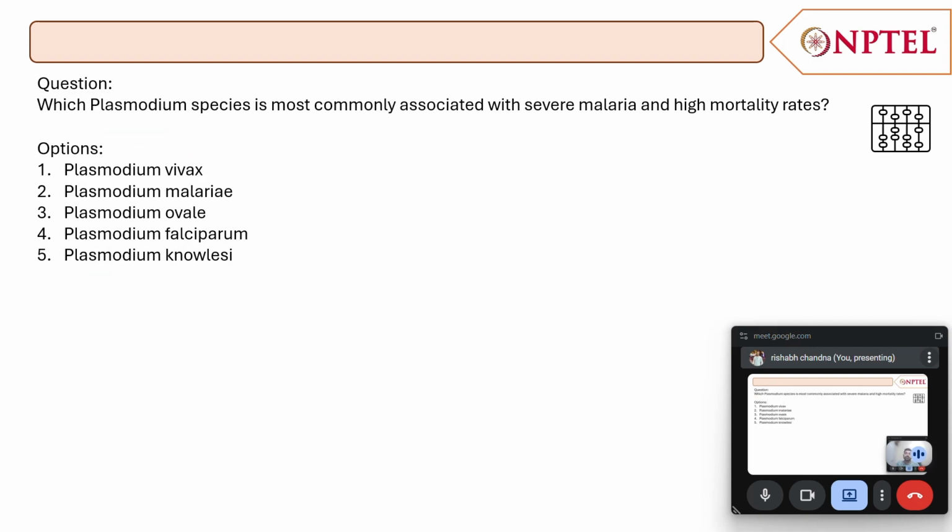Which Plasmodium species is most commonly associated with severe malaria and high mortality rates? So what can be the correct answer?